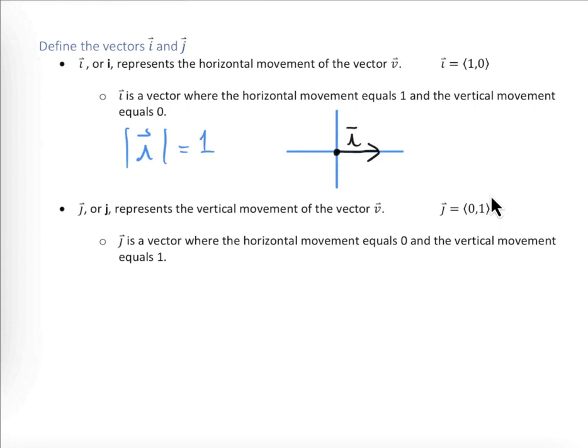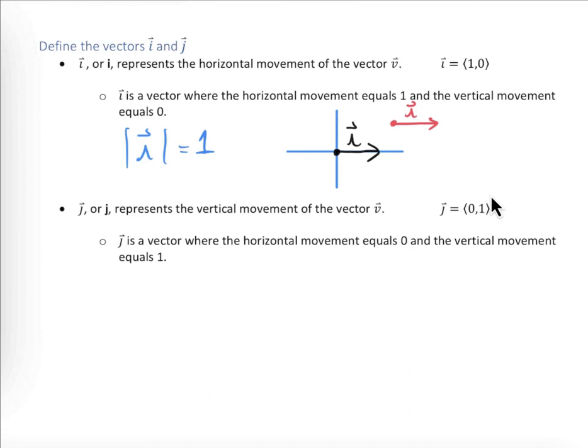So this is the vector that we call vector i. It is a unit vector of magnitude 1 in the direction of positive x. Now, as we've noted before, vectors can be moved around the Cartesian plane, so we would say this vector is also vector i. It's still in the horizontal direction pointing to the right. It still has magnitude 1, but now it's just situated up here.